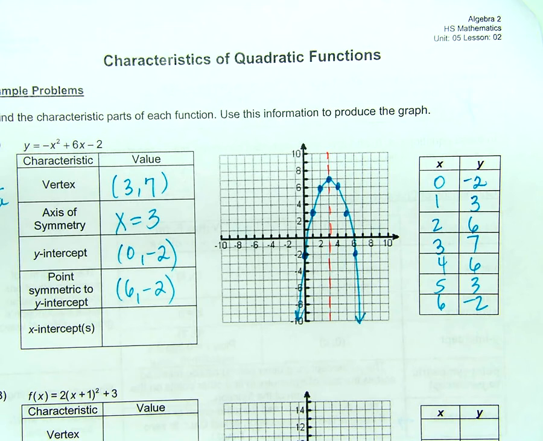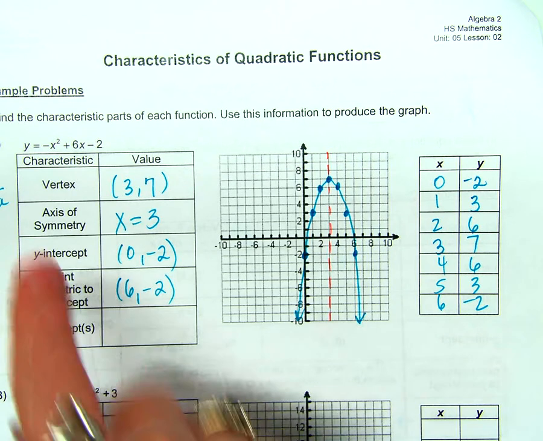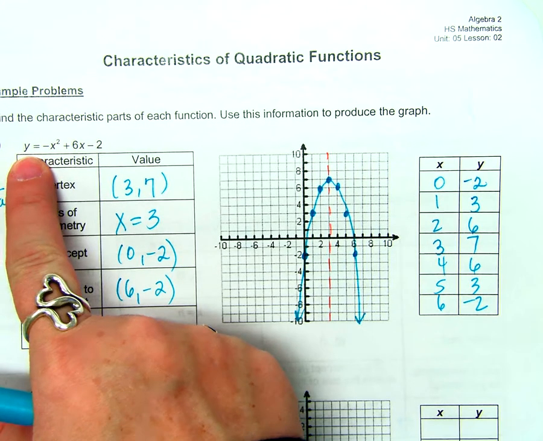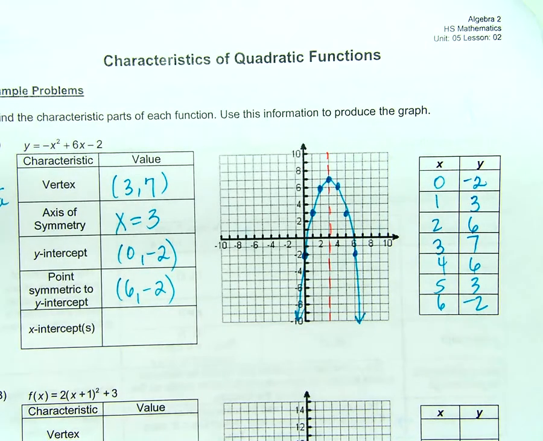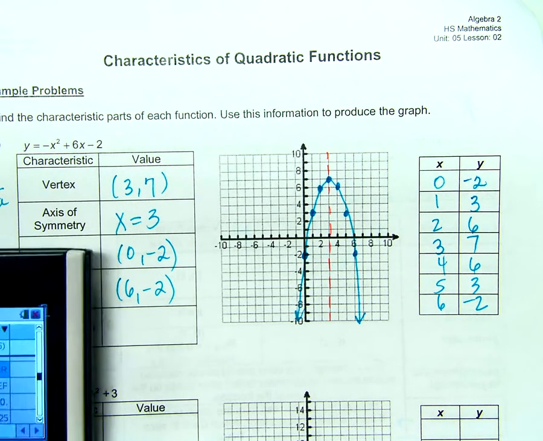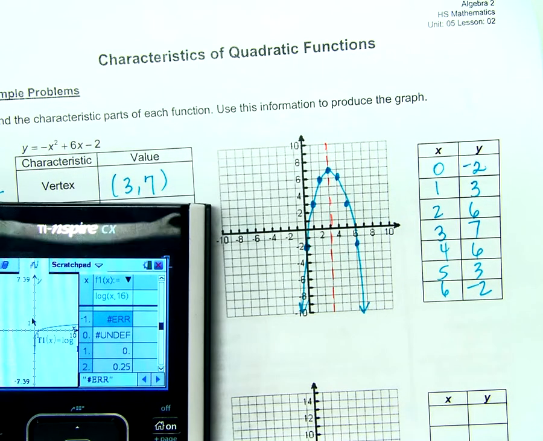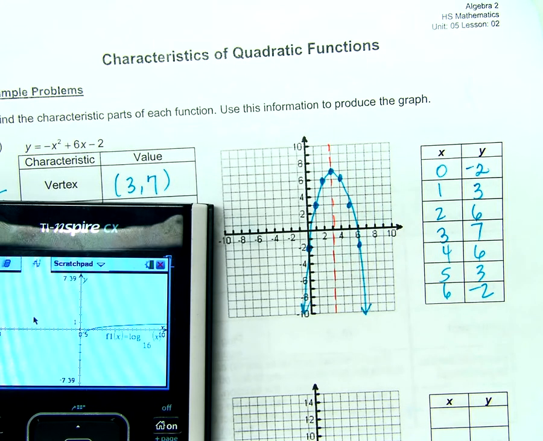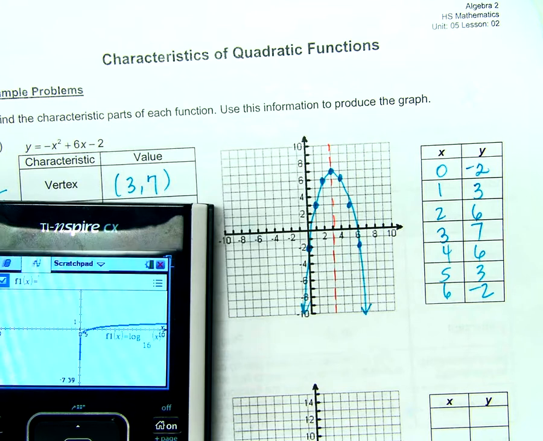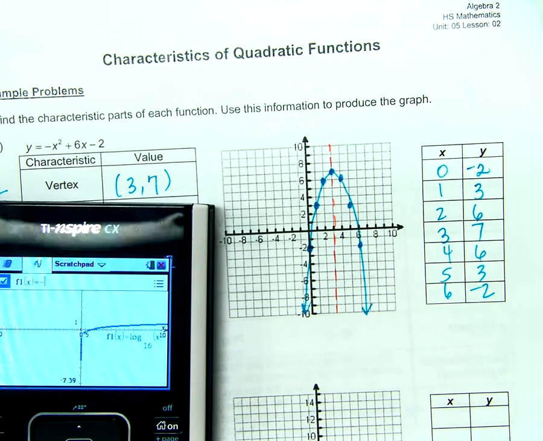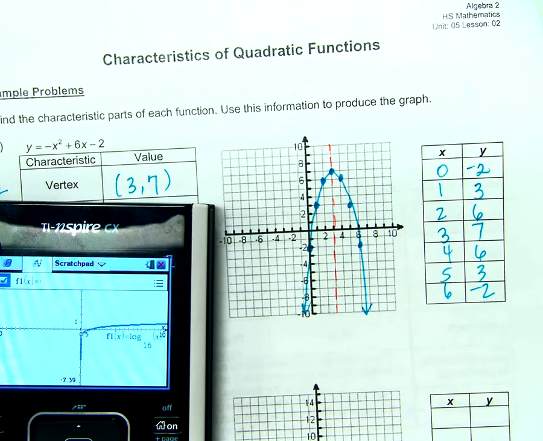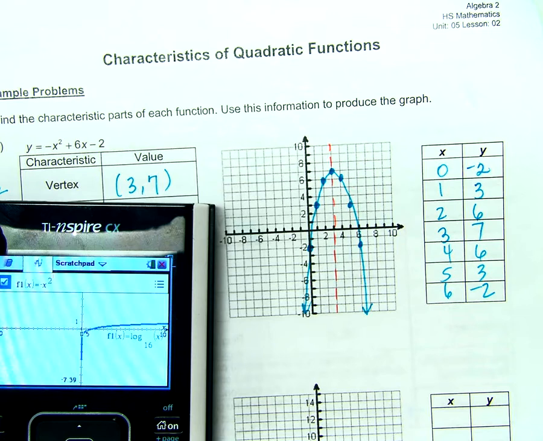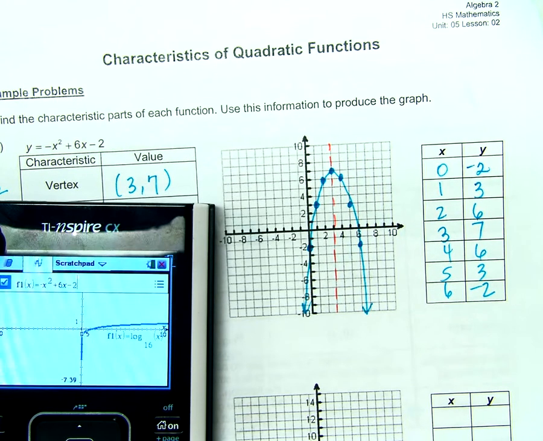An x-intercept has a y equal to 0. So I could set that equal to 0 and try to solve that. Or I could actually do exactly what it told me to and plug it into the calculator, right? Let me get rid of my table real quick. I'm going to put in negative x squared plus 6x minus 2.